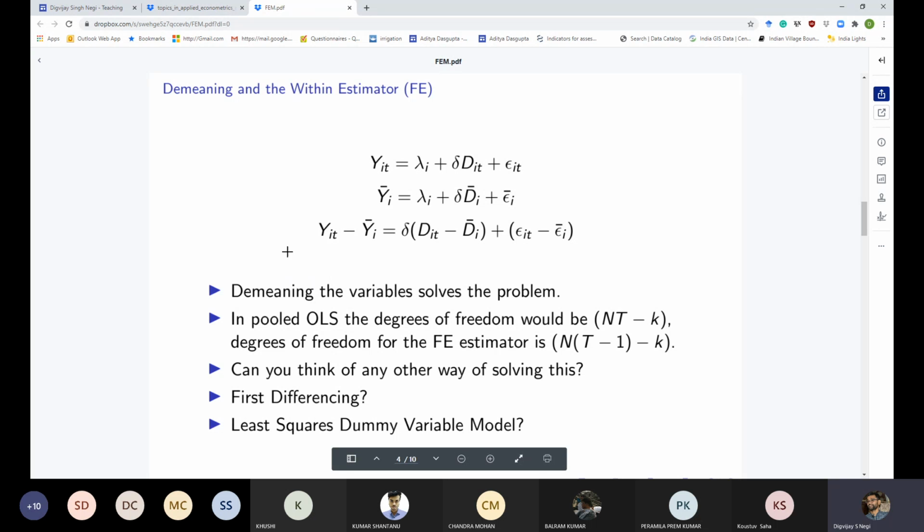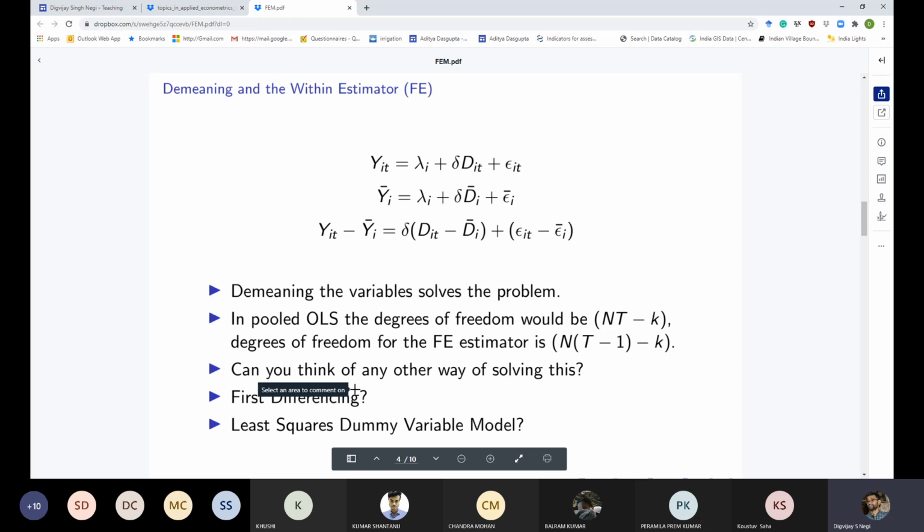When you do this transformation, you are using some degrees of freedom, because you first calculate the averages and then you subtract that. So the degrees of freedom changes when you do this kind of estimation. But the software automatically corrects for these things, so while implementing this, you don't have to worry about correcting for degrees of freedom.